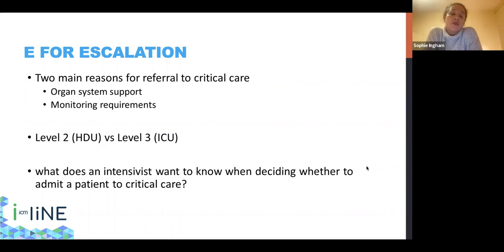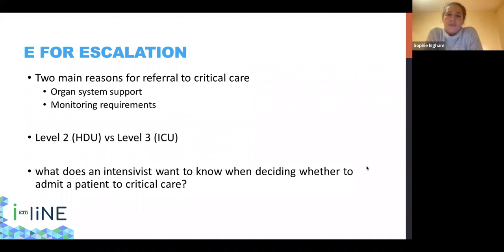And it also is useful because it gives an idea for the amount of nursing care that's needed. For example, one nurse can only look after one level 3 patient, whereas one nurse may be able to look after 2 level 2 patients. And that depends on the demands of the patient, agitation, etc., any infection control risks.